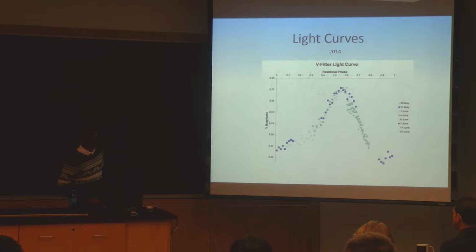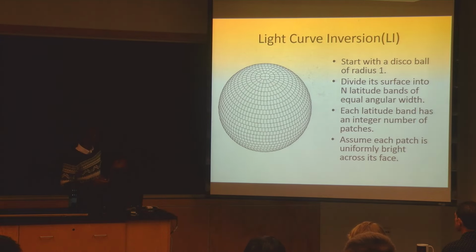After we have this light curve, we can take this and try to reconstruct the surface of the star. This is done by an algorithm that was developed by Dr. Harmon, named light curve inversion, or LI in short.